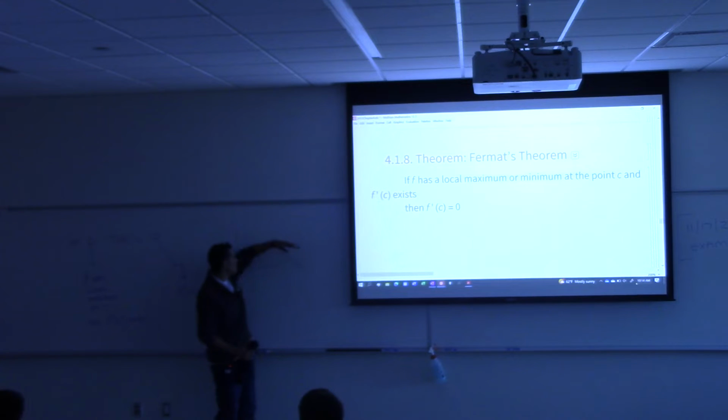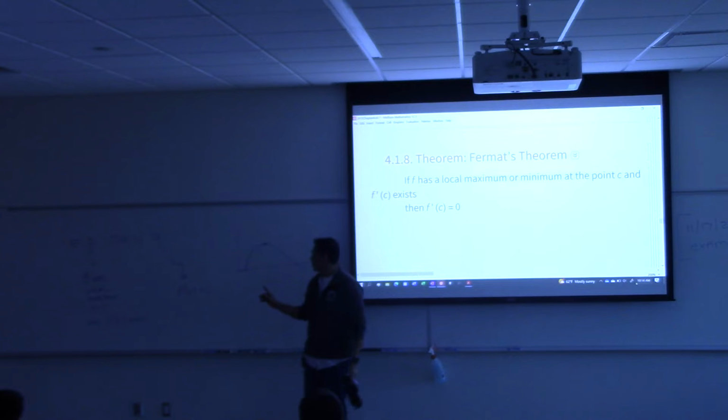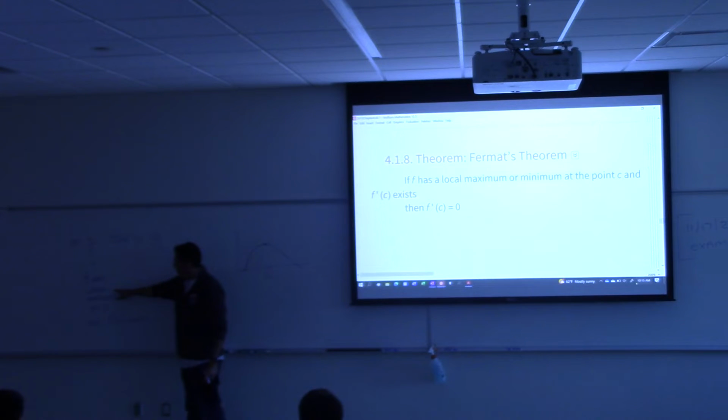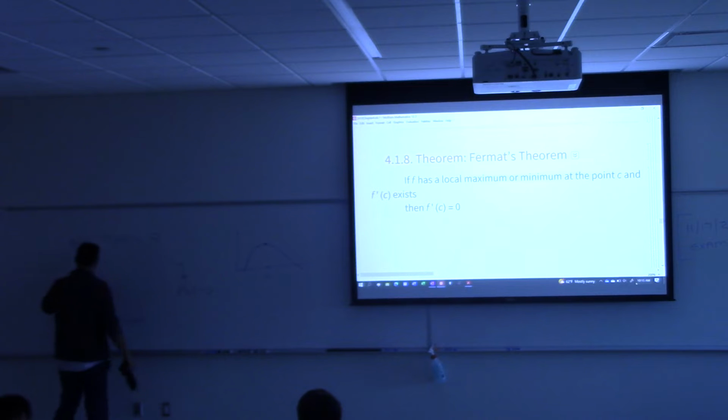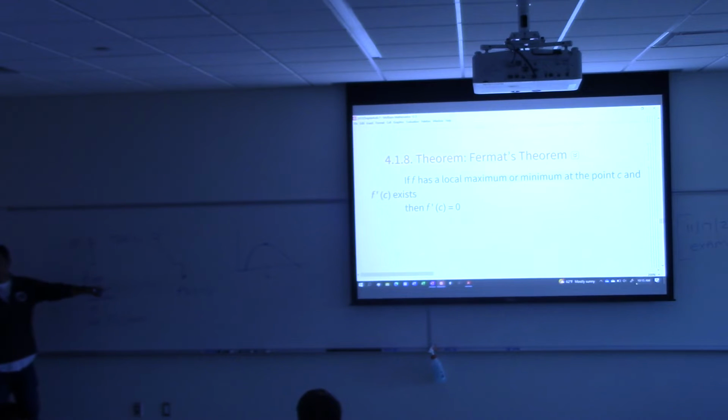You see the tangent line there is 0. Can anybody draw me a curve that would have a local max, the derivative exists, and this not happen? You can try all day, try the rest of your life, it's not going to happen. That's why it's a theorem. There's no way to draw a curve where you have this true and that not be true.